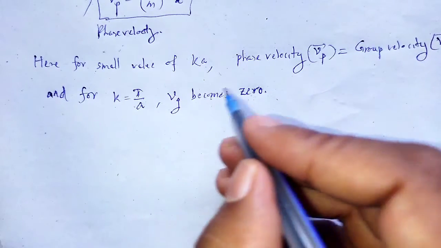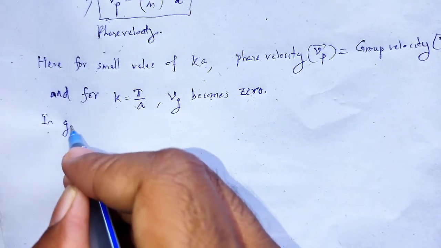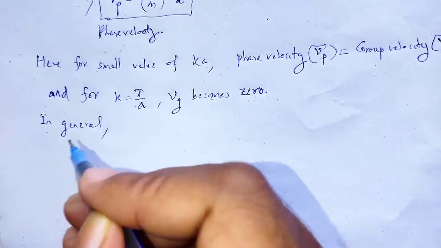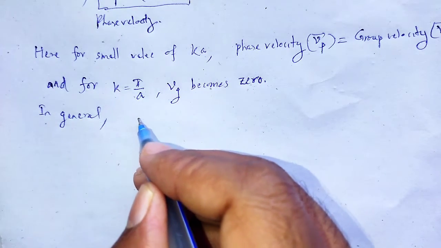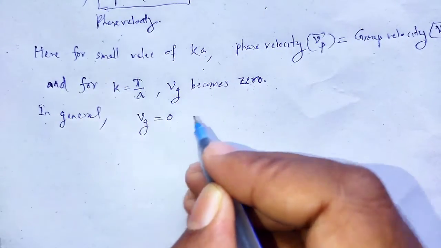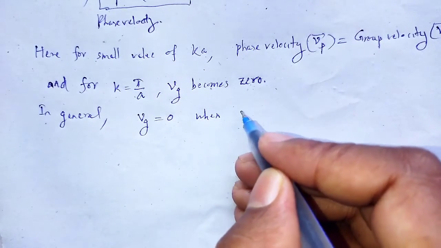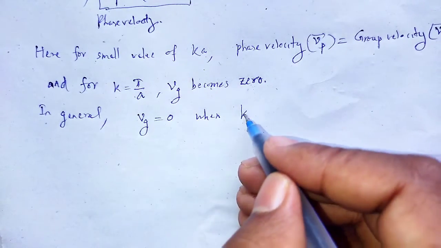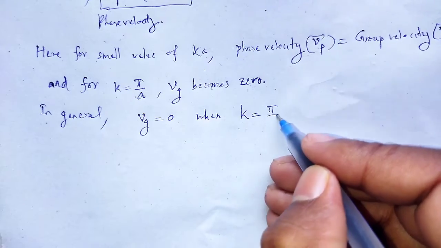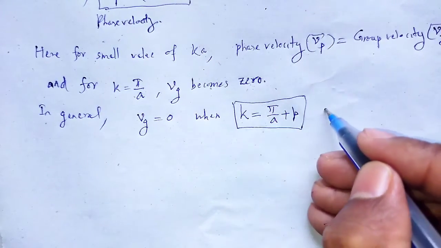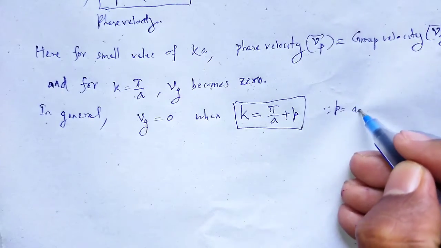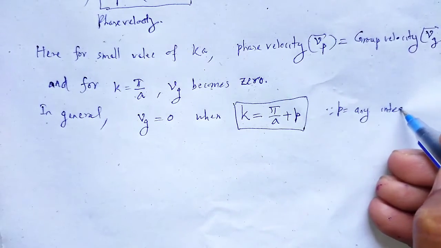In general, we can say group velocity Vg is equal to 0 when k is equal to pi by a times p, where p is any integer.